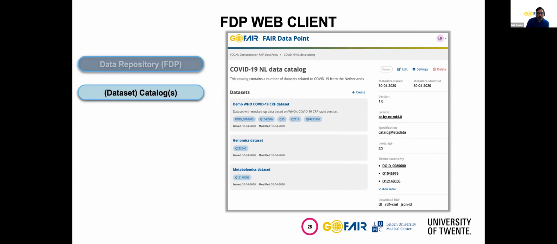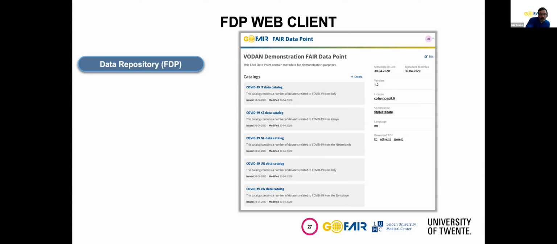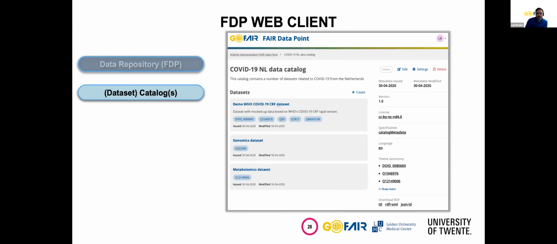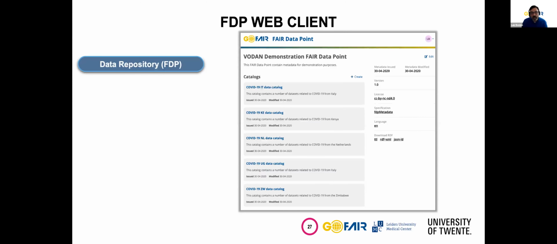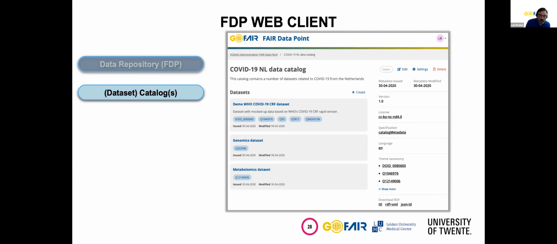Here you can already see summary cards of the catalogs that this FAIR Data Point has. Then you can select one of these catalogs, and you see the metadata of the catalog.